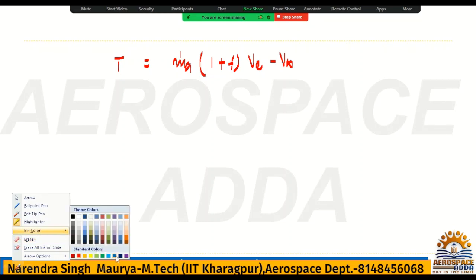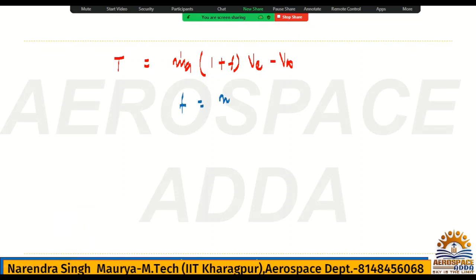Whatever the fuel we have here, small f, is nothing but m dot f by m dot a. Most of the time I can consider this value as 0, because m dot a is much greater than m dot f. Say, 50 kg per second of air and 1 kg per second of fuel. Consider 50 and 1, a big difference. So m dot a is very much greater than m dot f, hence small f will be very small and I can consider it 0. So the specific thrust is nothing but ve minus v infinity.